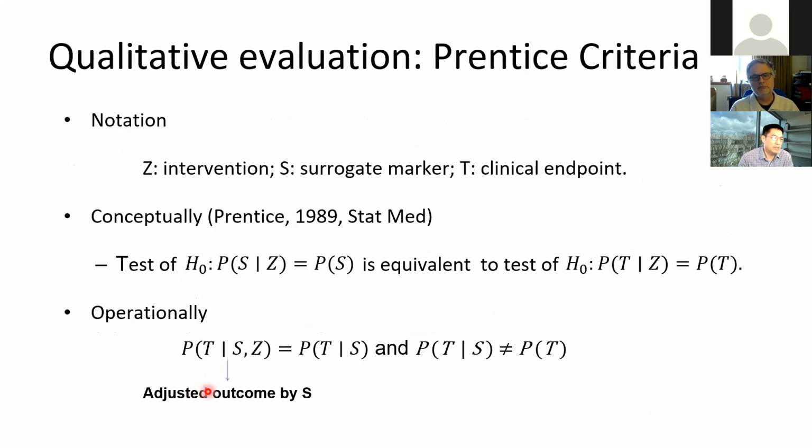Operationally, if the distribution of clinical endpoints given surrogate markers and intervention is equal to the distribution of clinical endpoints given surrogate markers, this is essentially an outcome adjusted by S. Basically we stratify by the surrogate marker distribution, and then look at the conditional distribution of clinical endpoints across interventions in that stratum, and evaluate whether they are equal or not.